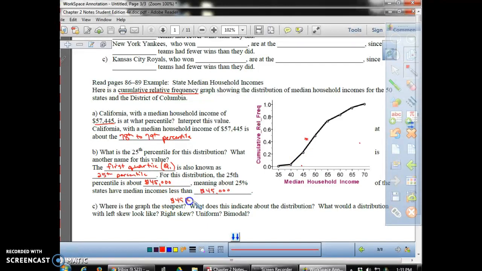So 45K to 50K. And what does that mean? It just means that you have the most observations falling into that interval. And if you were doing a histogram, that interval would be your tallest bar, is what that means. So it has the most median incomes.